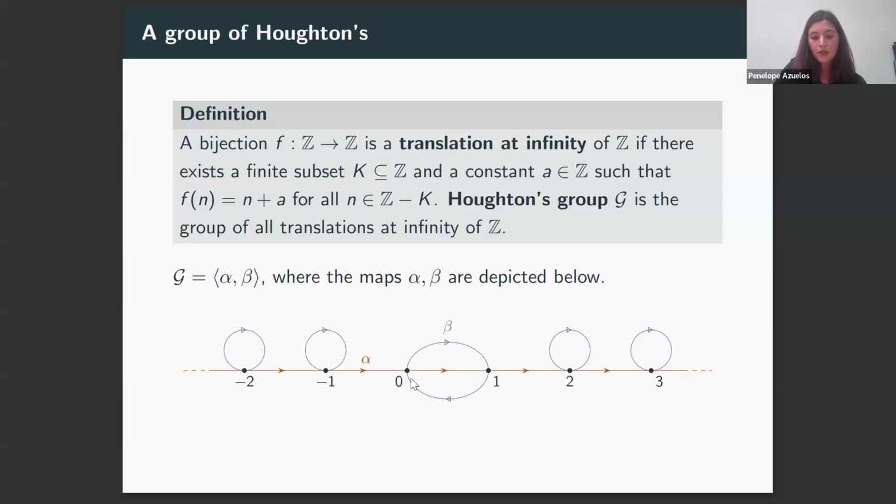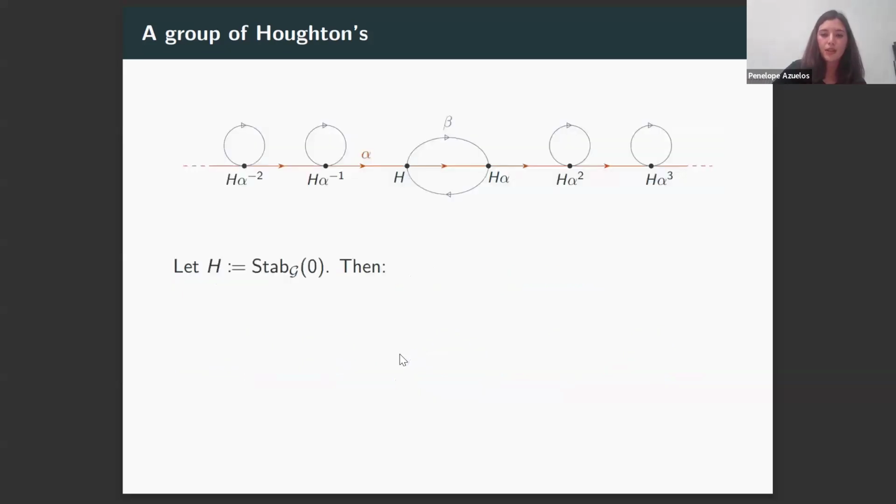Here you can just observe that the stabilizer of 0 is the translations at infinity of Z where you've removed 0. But structurally, this is the same thing. This is still the translations at infinity of a different copy of Z. So as abstract groups, these are isomorphic, and in particular, H is finitely generated.